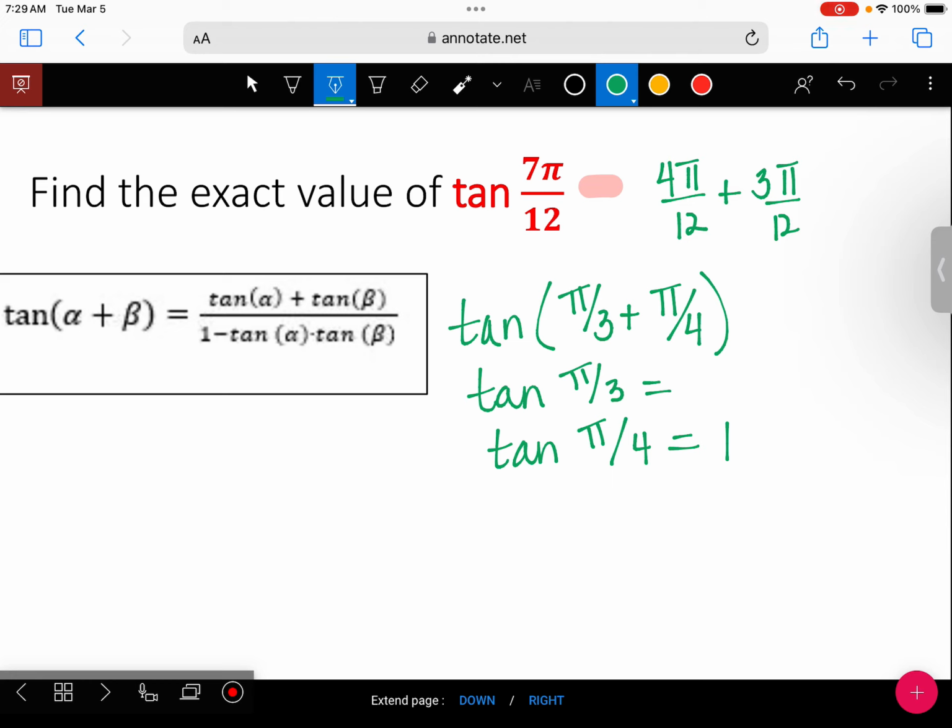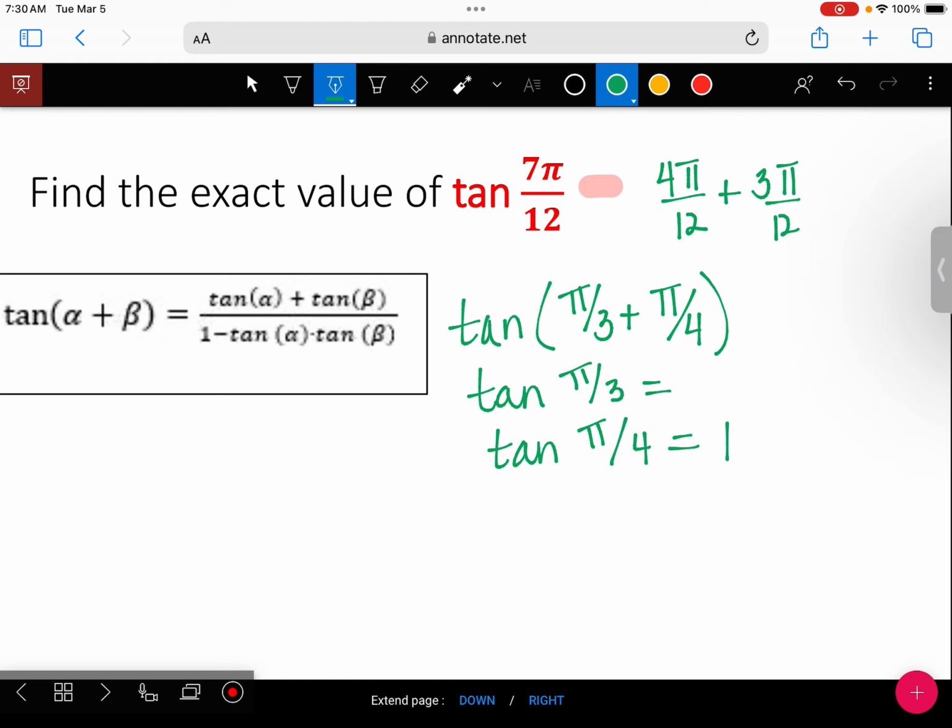All right, what do you think the tangent of pi over 3 would be? It's either root 3 or root 3 over 3. If you're not able to recognize what it is, then just do your keep change flip.